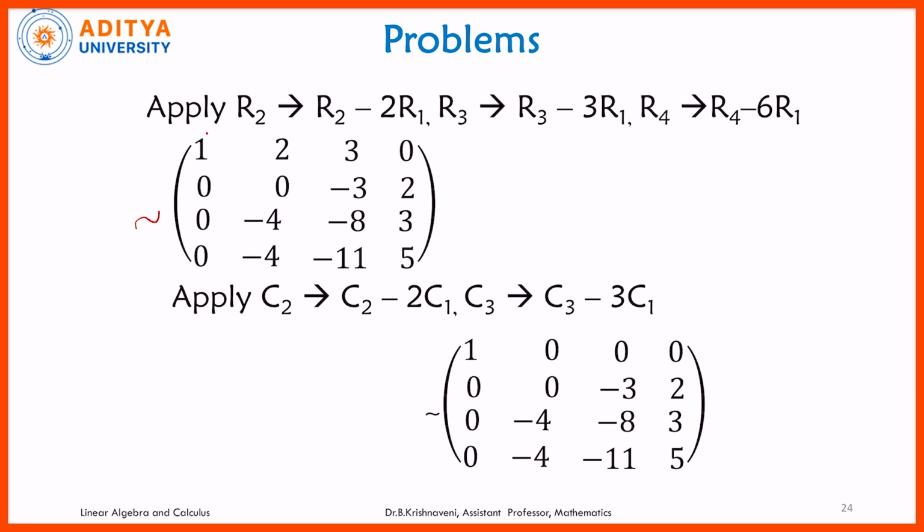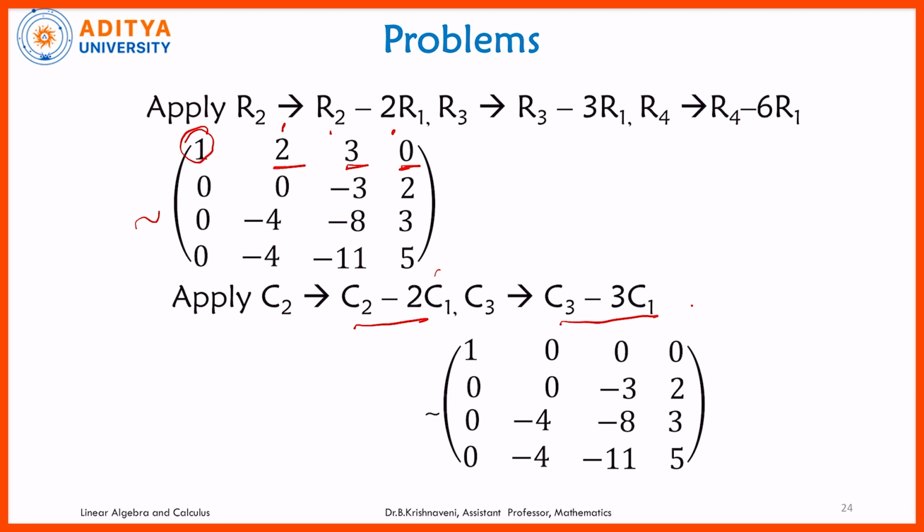So now again fix the same element and make the adjacent elements zeros using column operations. In order to make this 2 a 0, use the operation C2 minus 2C1, and to make this 3 a 0, use the operation C3 minus 3C1. The fourth column is already 0 in the first row, so there is nothing to do with it.